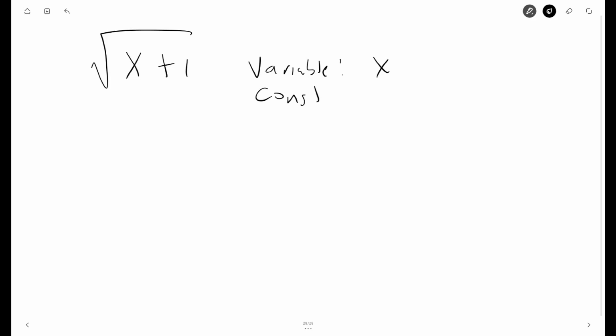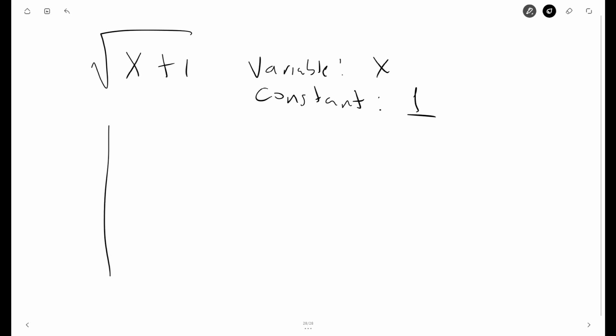Let's look at one more example. Something like square root of x plus 1. So the variable is x. Then the constant here is 1.